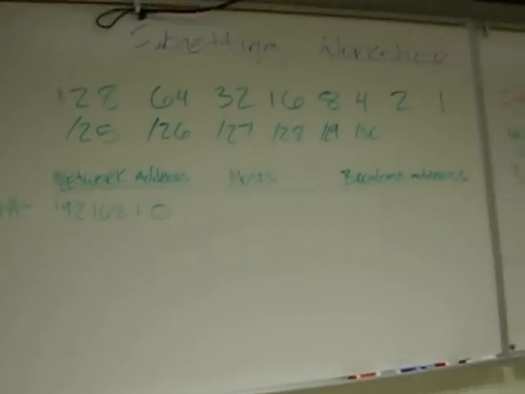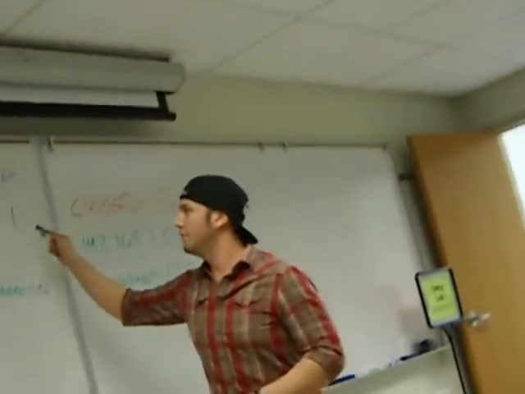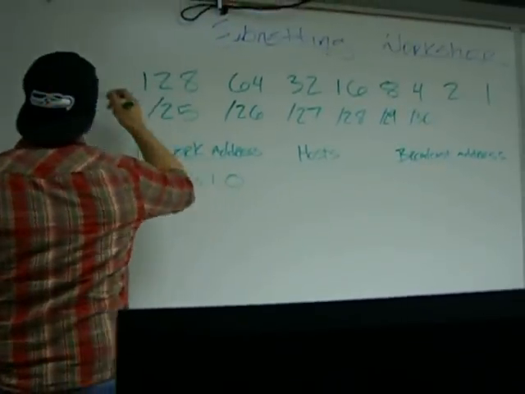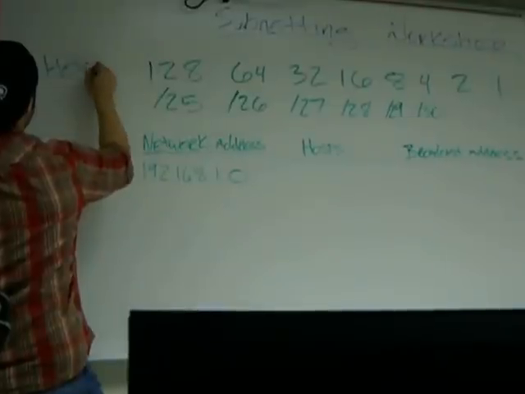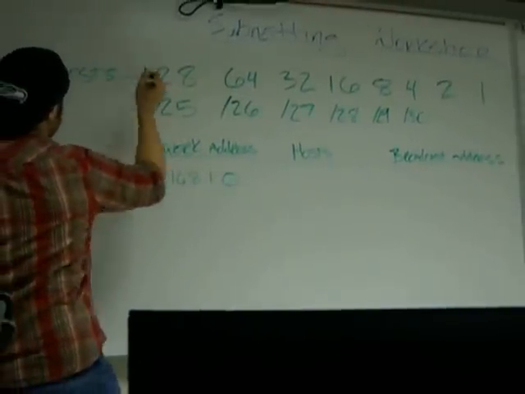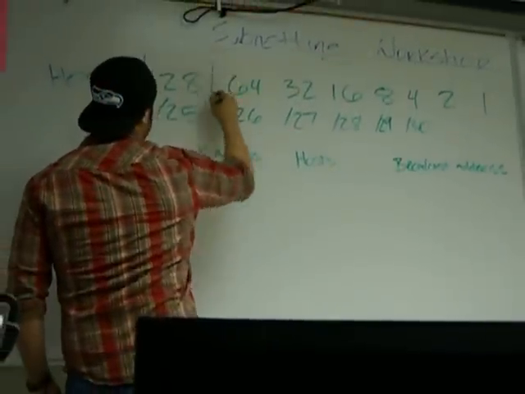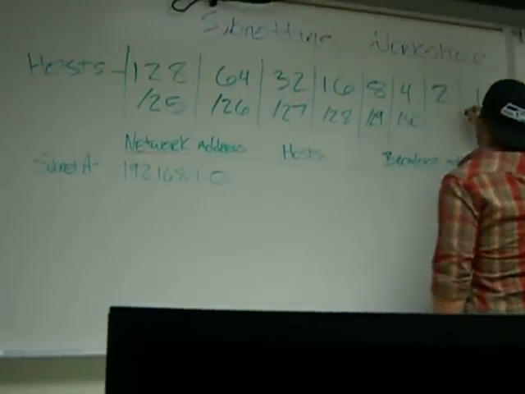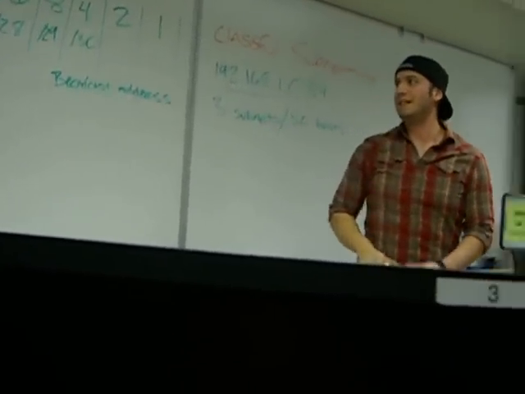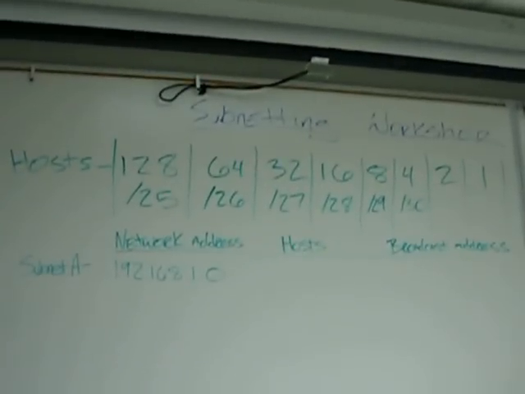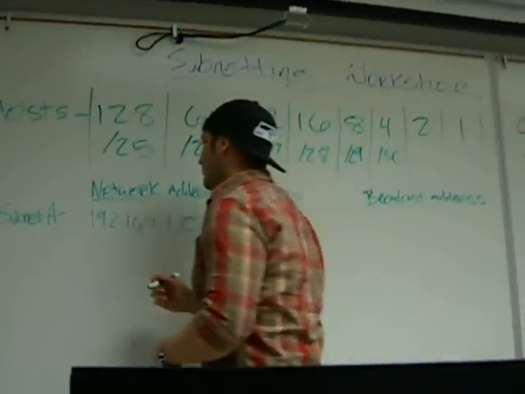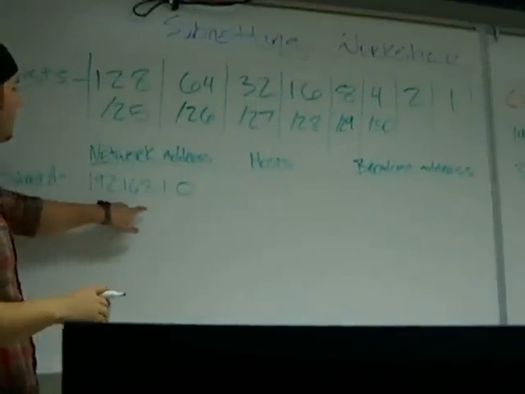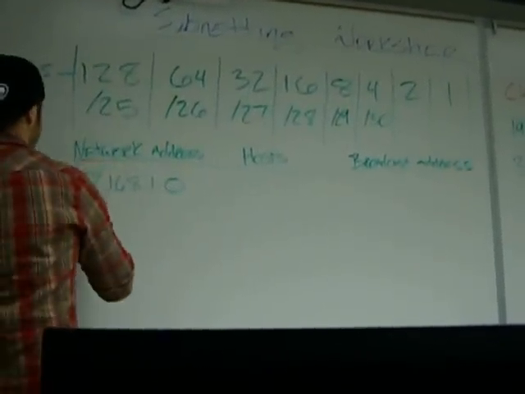If he wants 50 hosts, and all of these right here are the number of hosts that these subnets can handle, so I'll go ahead and label hosts. Which one of these sections would support 50 hosts? 64. And so we know that we can only give this subnetwork that many addresses.